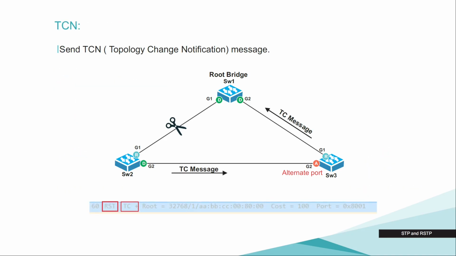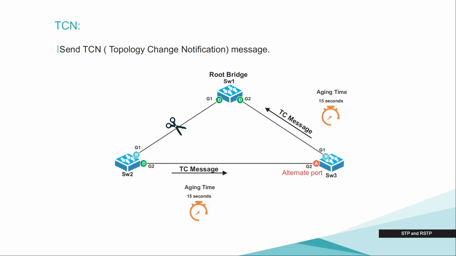After that, all the switches will send the TC message, the topology change notification message, and the topology change notification message will tell the switches to do two things. First, it will tell the switches to reduce the aging time to 15 seconds.